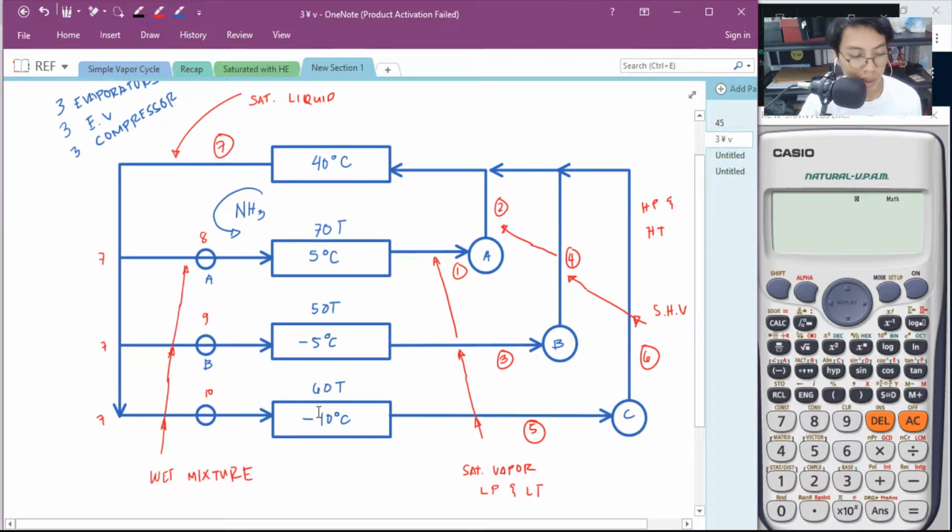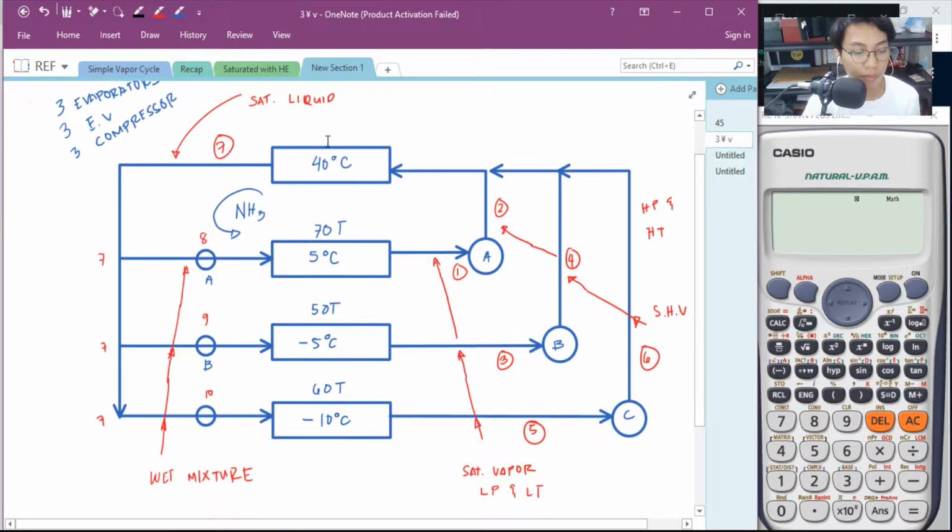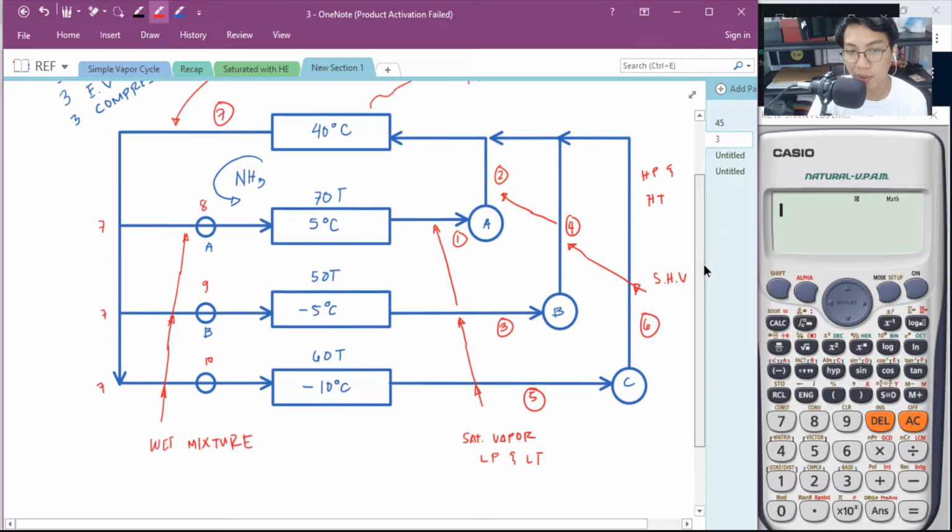So, mas maganda na i-drawing natin sila dun sa ating pH diagram. But for now, let us determine yung mga points pa dyan na kulang. So, this one, this is the total heat reject coming out of your condenser.